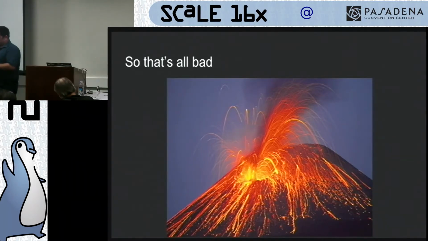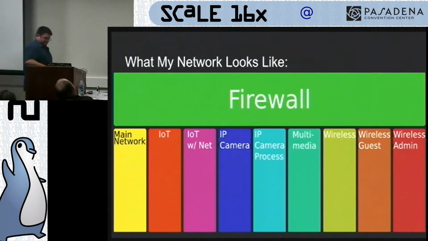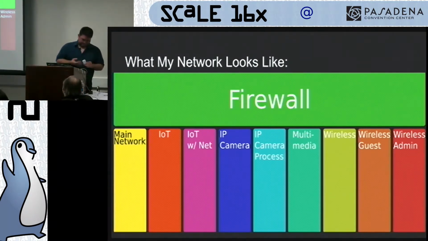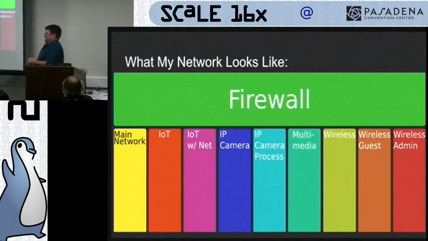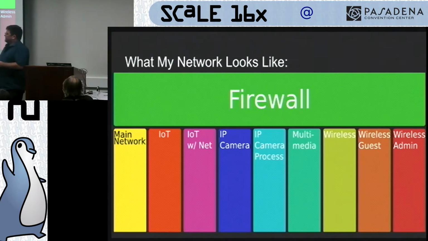But it also means that I've done a lot of things to my network that are weird. This is what my home network looks like right now. You'll notice I have a lot more VLANs than your average consumer. I'm also buying much nicer network gear, unfortunately, and so my network's expensive.